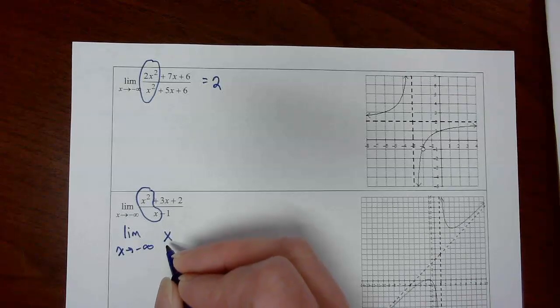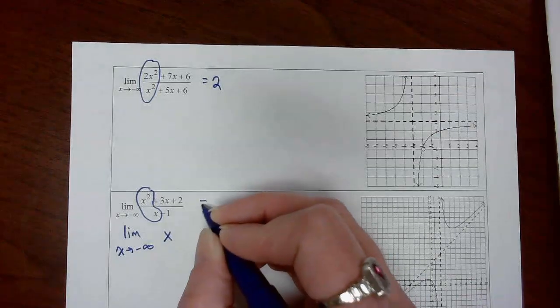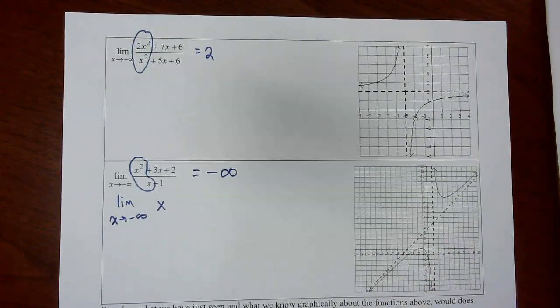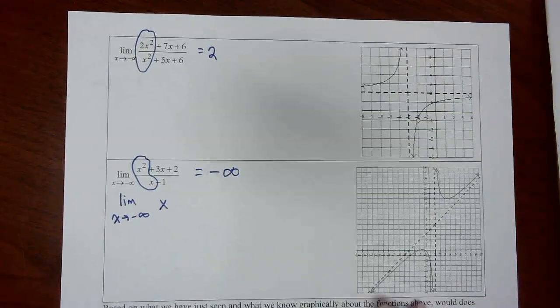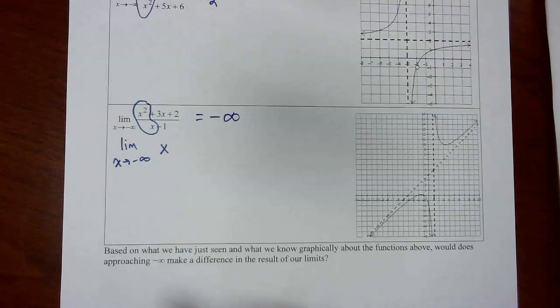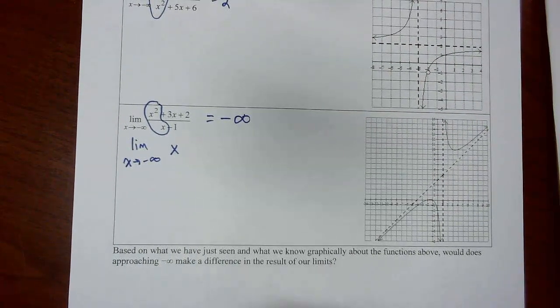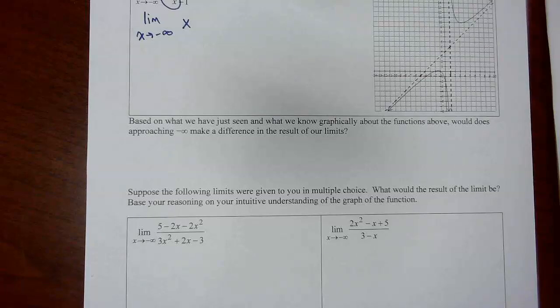If I plug in negative infinity for x, I'm going to get negative infinity. The left side of the graph is going down. Now, going to negative infinity does not make a difference when it's a horizontal asymptote. It only makes a difference when we have a slant asymptote, or the graph is a polynomial of some kind.